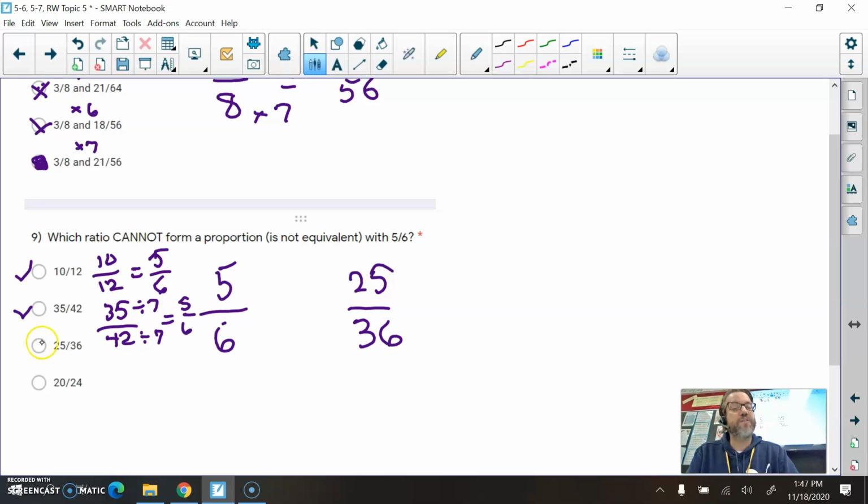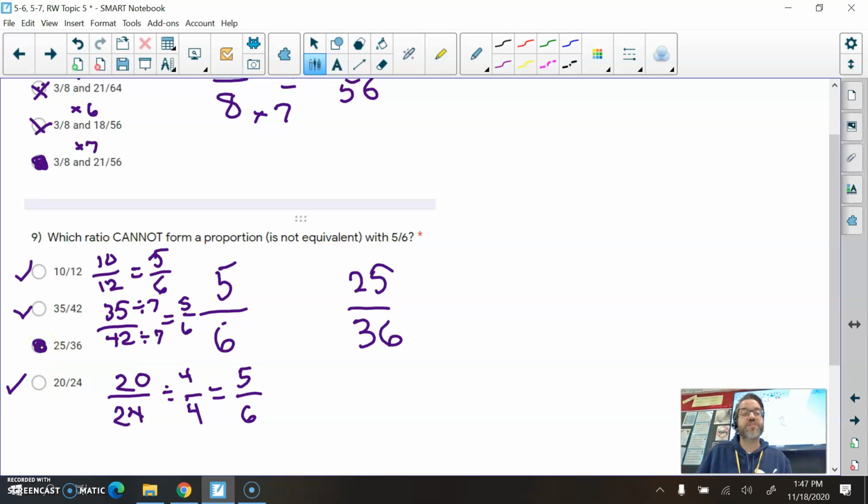So I think I found it. 25 over 36. Okay, now just to make sure, 20 over 24, we can divide these both by 4. And when we do, we get 5 over 6, which matches with the 5/6 over here. So that one checked out as well. It's the 25 over 36, which doesn't match.